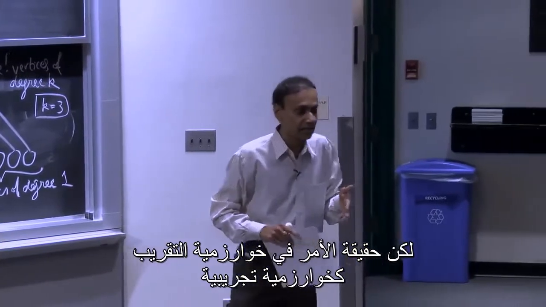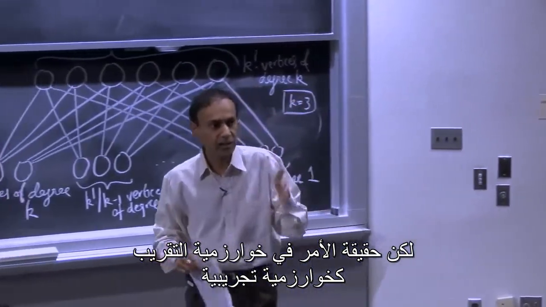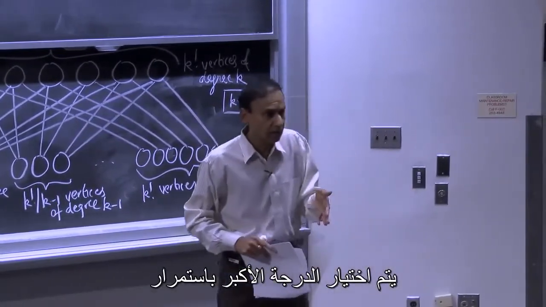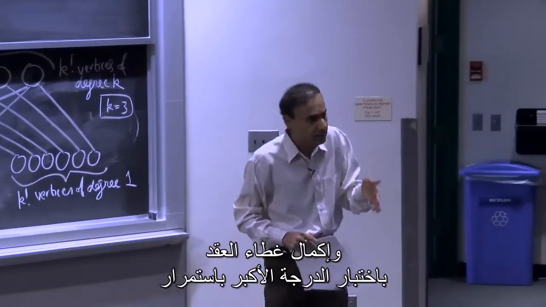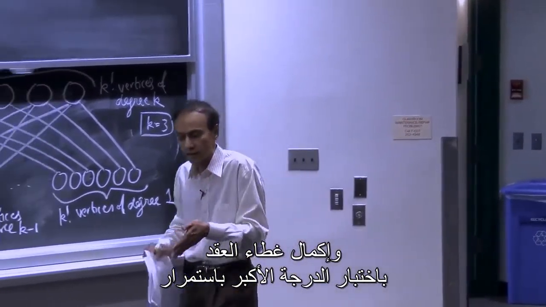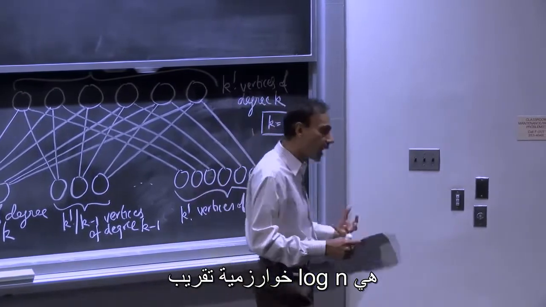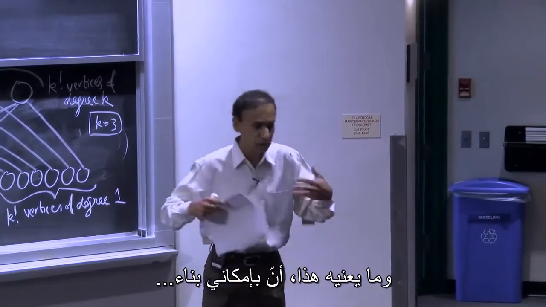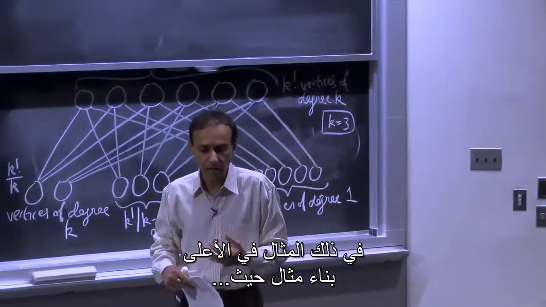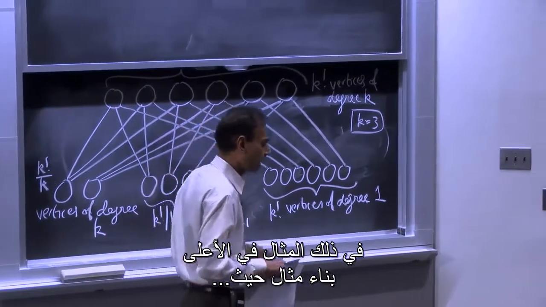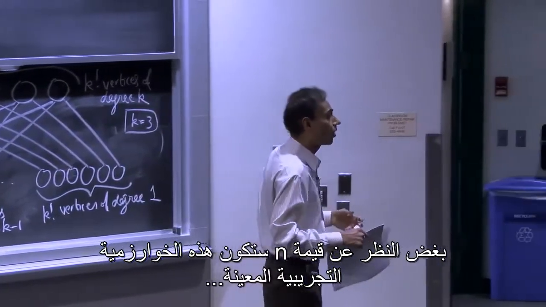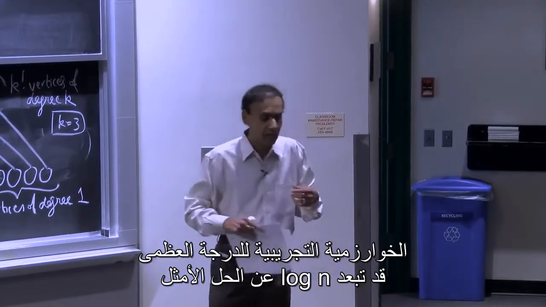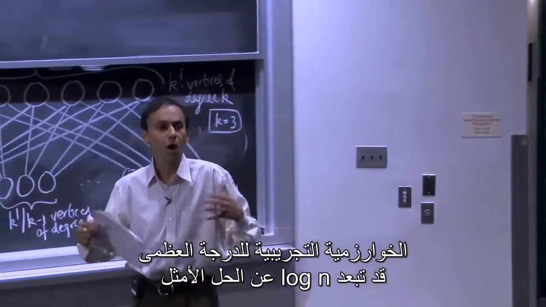But the fact of the matter is that this approximation algorithm that has as a heuristic picking the maximum degree continually and completing your vertex cover by picking the maximum degree continually is a log n approximation algorithm. And what that means is that I can construct, and that example is right up there, an example where regardless of what n is, this particular heuristic, the maximum degree heuristic, might be log n off from optimal.